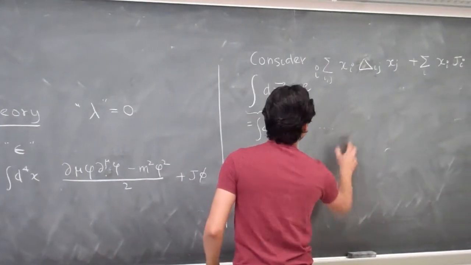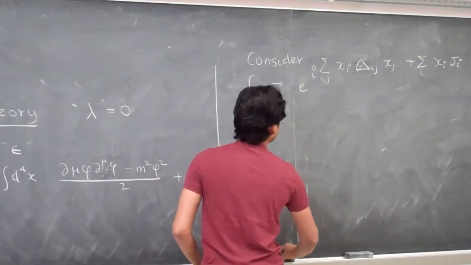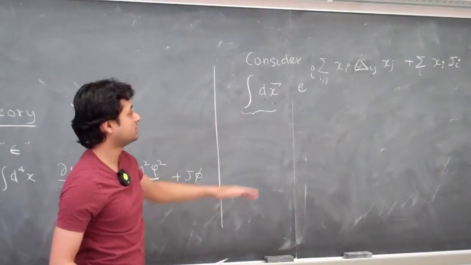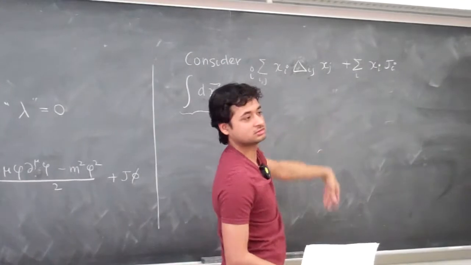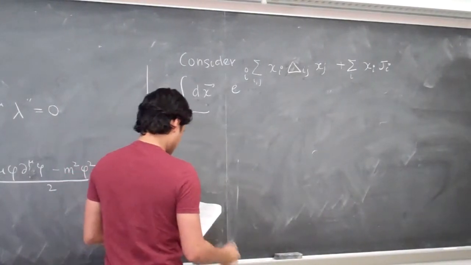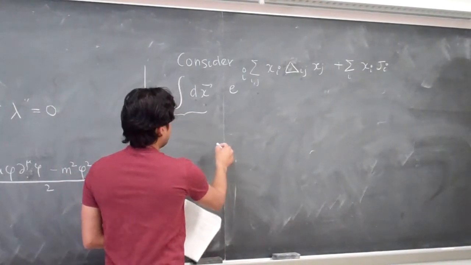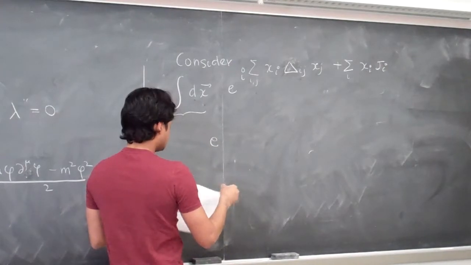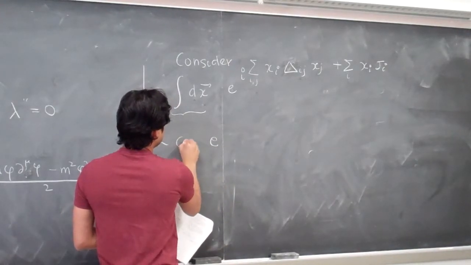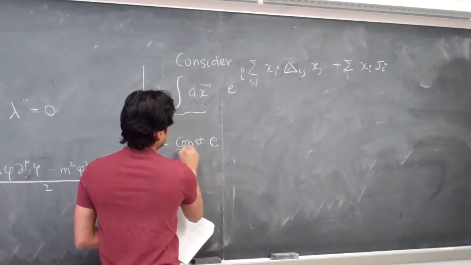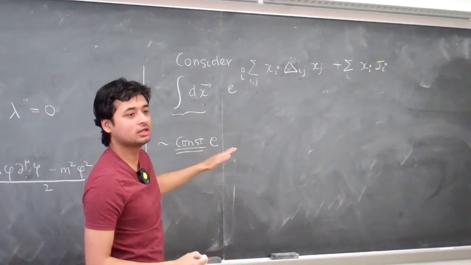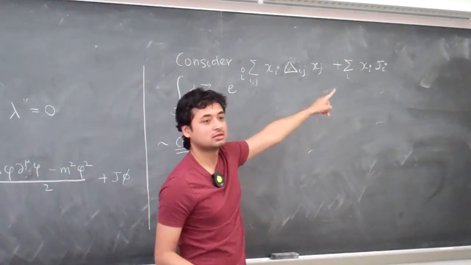To do this, let's forget for a minute that there is an index i and j. Let's just do the simple case. So what will you get? You will get e to the, so there will be some constant. This constant does not depend on j.